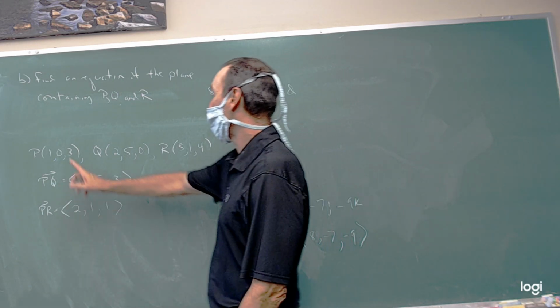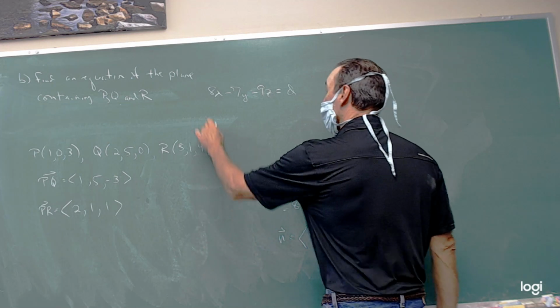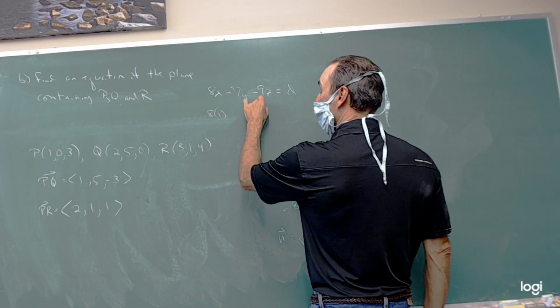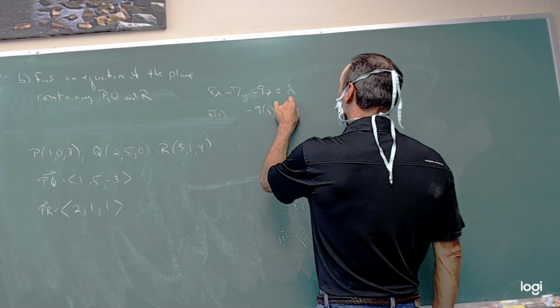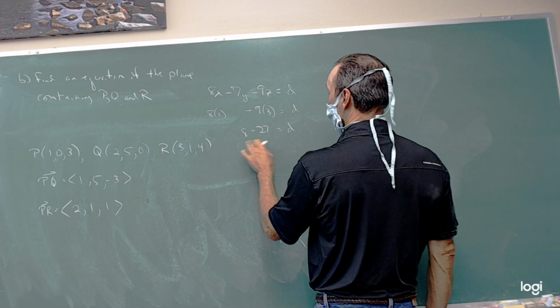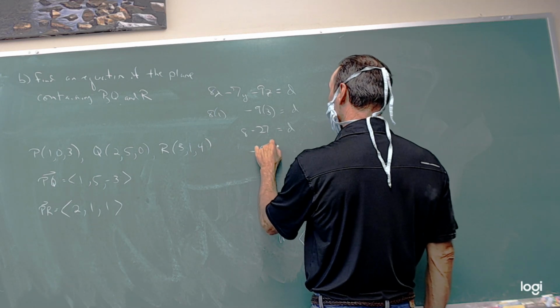So if I use 1, 0, 3, it looks like 8 times 1, that's going to be 8, minus 9 times 3. So 8 minus 27, negative 19. Yes.